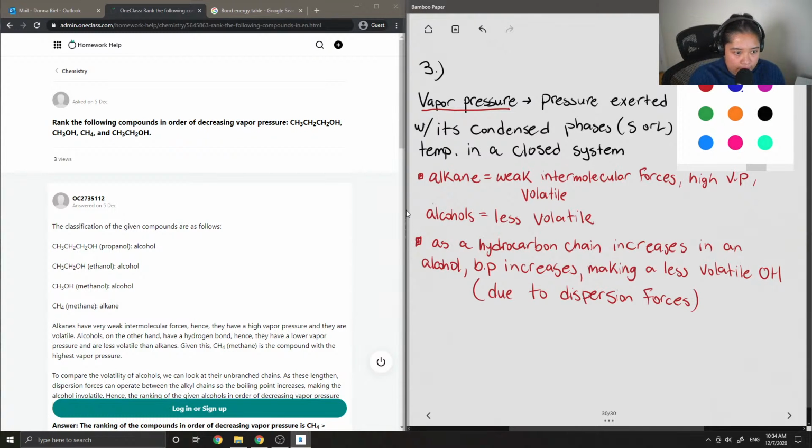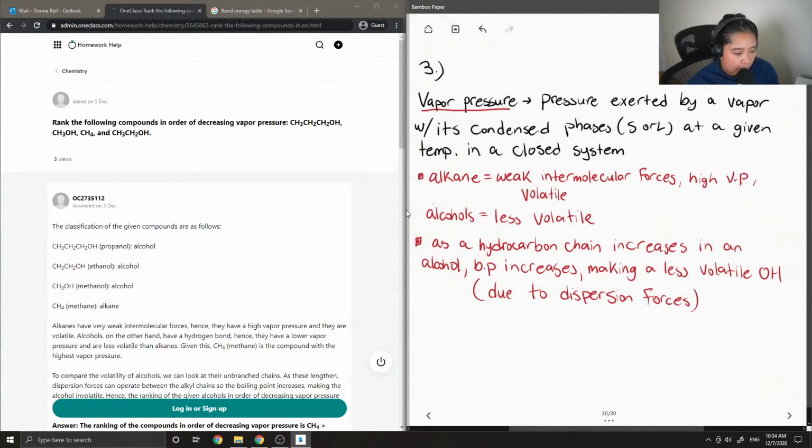Okay, so knowing this, we can write our methane having the highest vapor pressure. And then the next one is our shortest alcohol group.